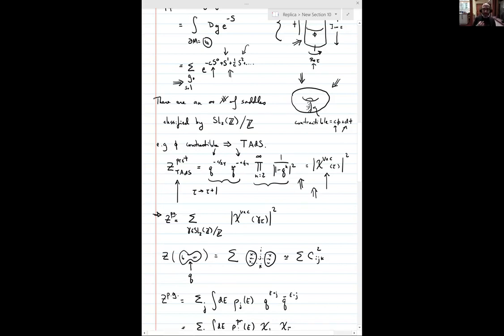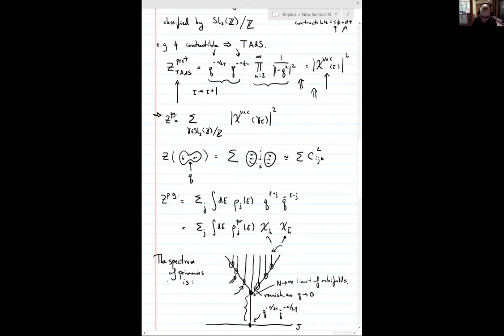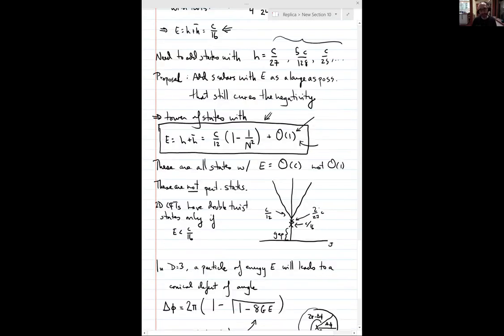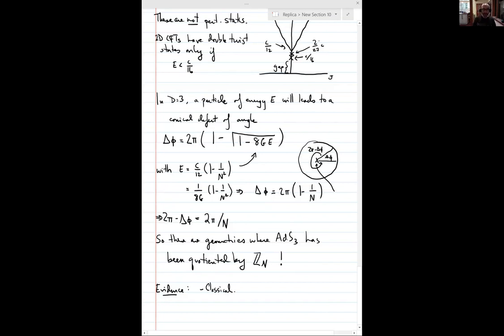If instead I replace the word smooth manifold by the word orbifold, in the sense that a mathematician uses the word, namely something that's not a manifold but looks like R^n mod some discrete group at every point in spacetime, then it turns out the only possible orbifolds you can add are precisely the orbifolds that we described below, along with their images under SL2Z. So you can go through the classification of hyperbolic orbifolds with torus boundary, and you find that these are precisely the geometries that you are allowed to add.